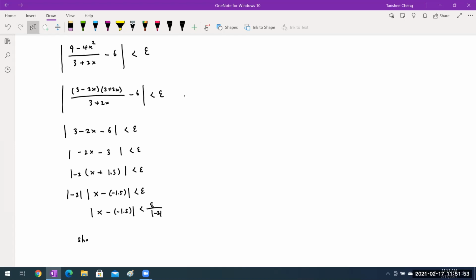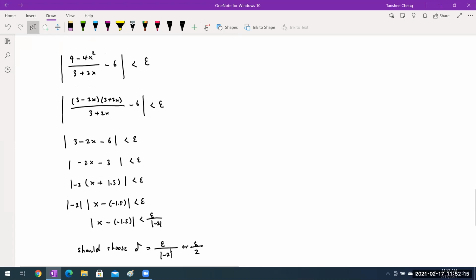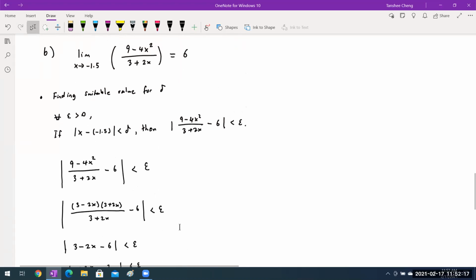We should choose the delta to be epsilon divided by the absolute value of negative 2, or another way of saying it, epsilon over 2. I like to keep these negative signs right here so that when we start doing the actual proof, we can see all the tweak part and don't need to rewrite it again.